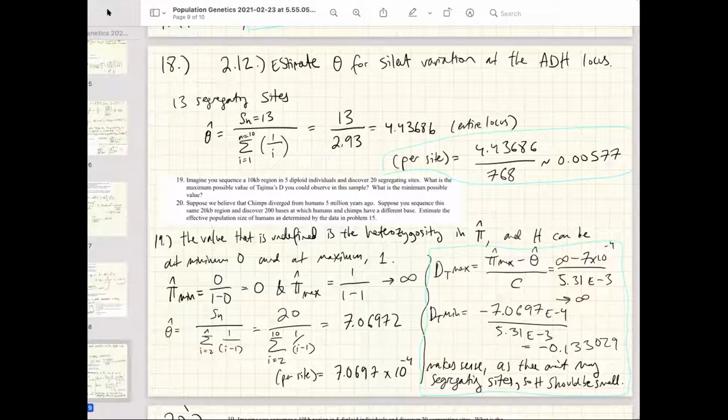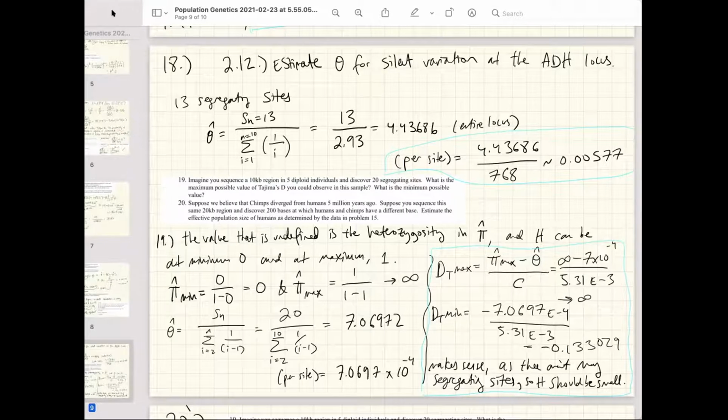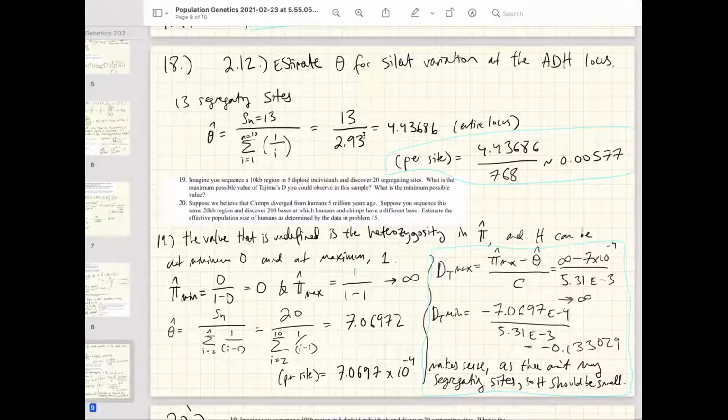Okay. So I think there were only 13 segregating sites that were silent, and the other one I think was not. So I basically just redid exactly what they did in the book, but changing S_n to 13 instead of 14.